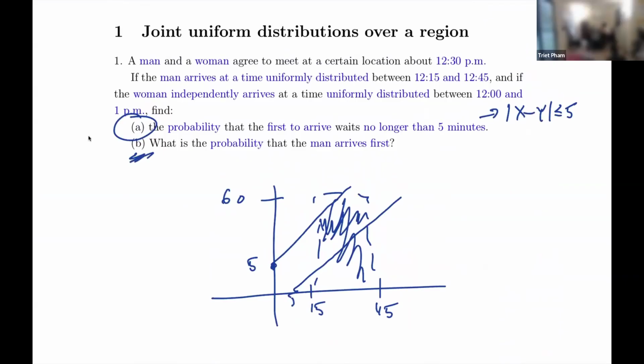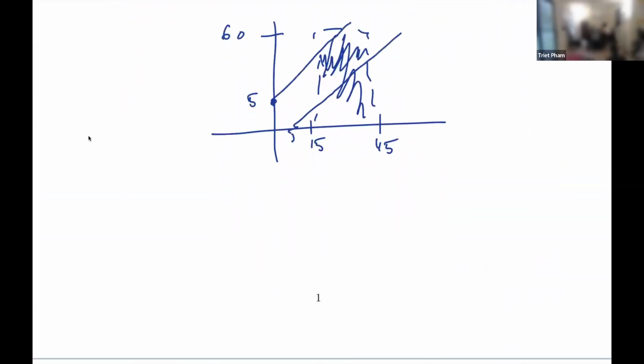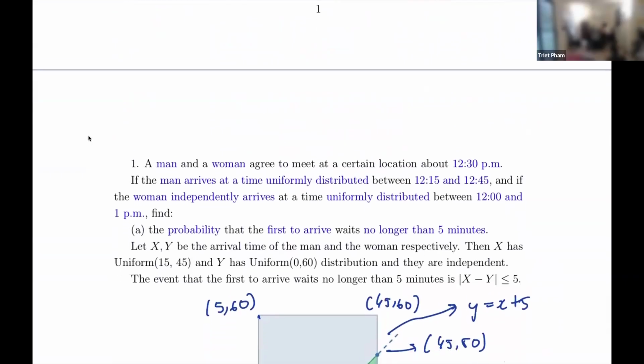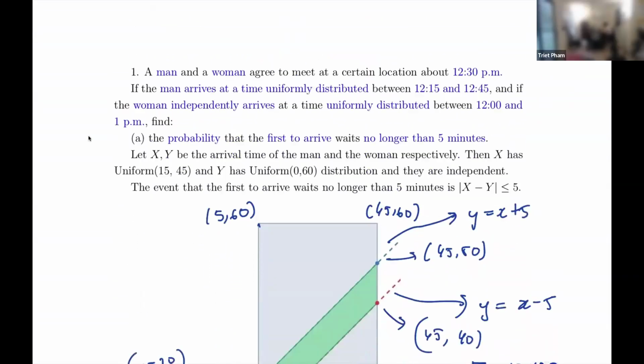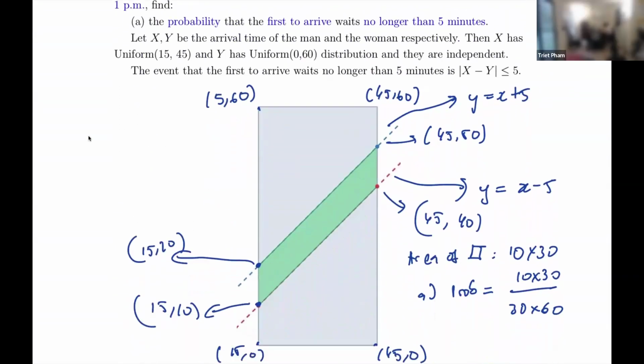So what about B? What's the probability that the minimum is... how will we figure that out in terms of the region? What would that be? The minimum is the x or the y coordinate here in our picture.